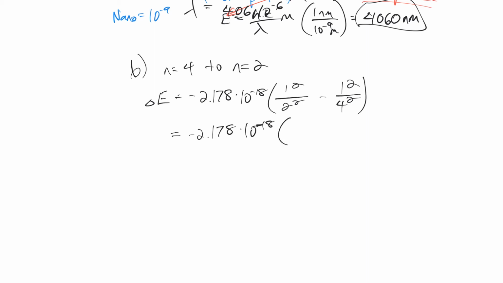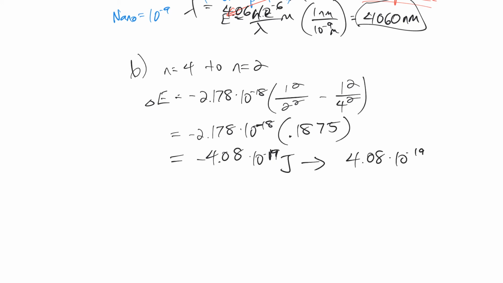Pull out that calculator and just start crunching some numbers. And this time it's negative 4.08 times 10 to the negative 19th joules. It's okay to make that number positive. It wouldn't make physical sense otherwise. The exponent, of course, is still a negative 19, but the 4, the number in front, we got rid of. Okay, next equation.